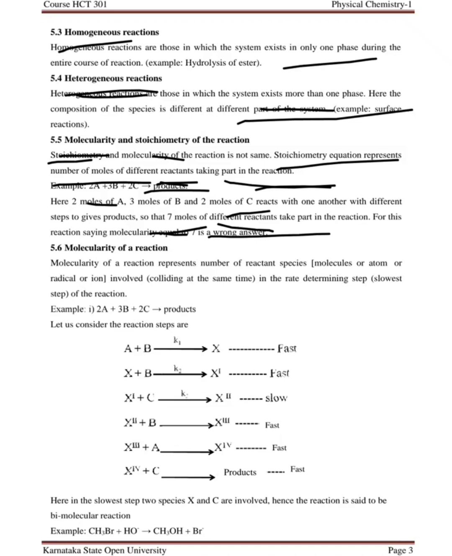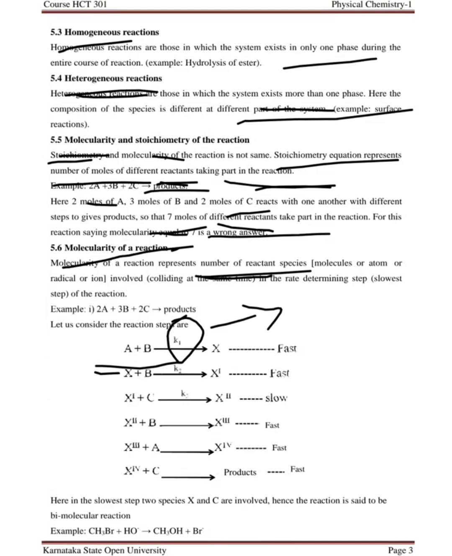So the first major topic here is molecularity of the reaction. Here you are going to identify the number of reacting species. How many species? You are not going to concentrate on the number of moles. Molecularity of the reaction represents the number of species taking part in the reaction. So here A plus B gives rise to X, where K1 is the rate constant that we are going to study in chemical kinetics.